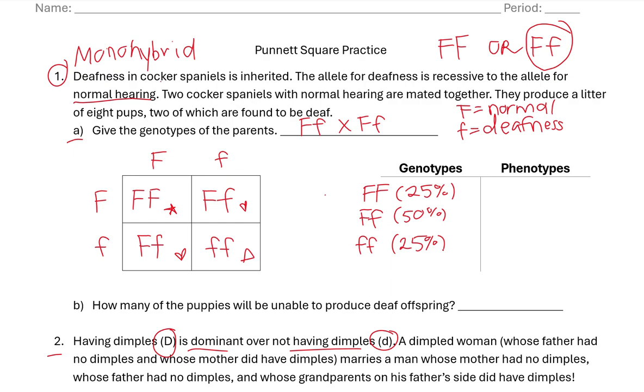The next thing we need to find are the phenotype probabilities. There's only 2 phenotypes. Phenotypes are the physical trait: normal hearing or deafness. How many out of the 4 in the Punnett square will have the normal phenotype? Well, the homozygous dominant will definitely have normal hearing.